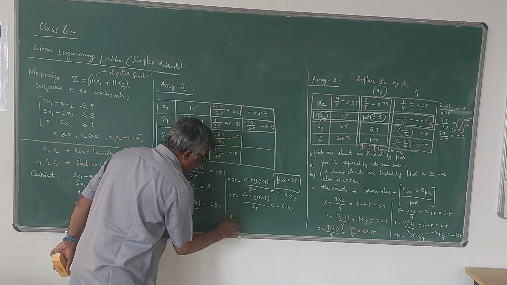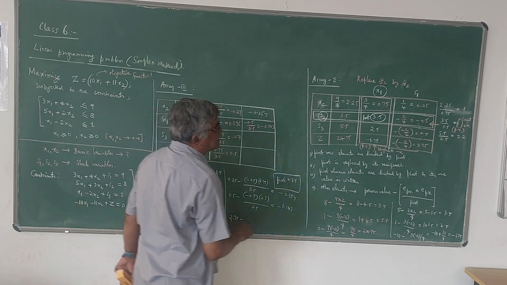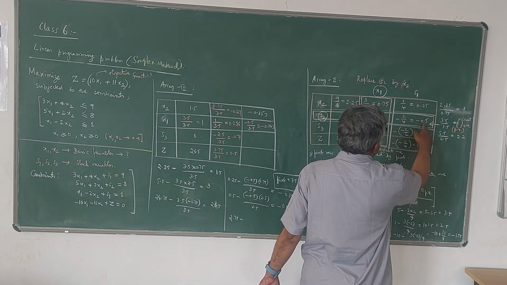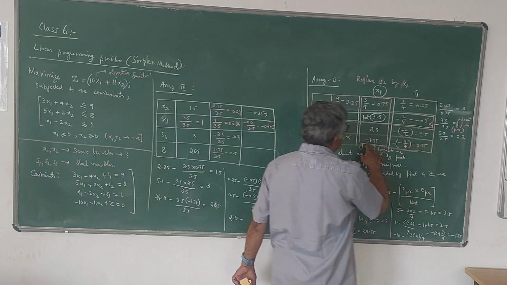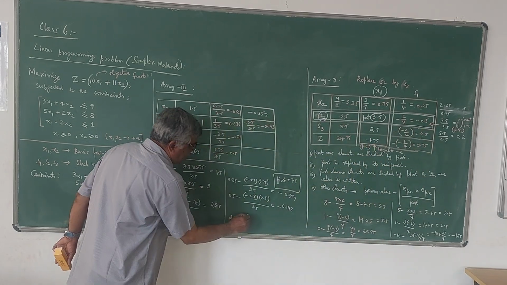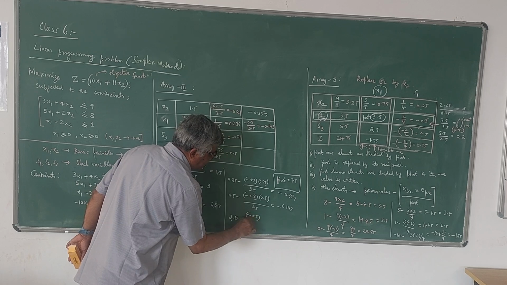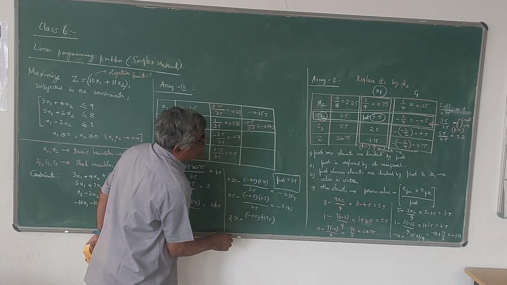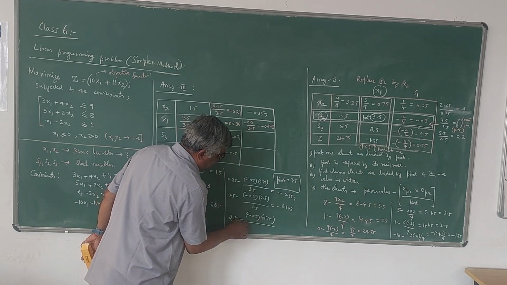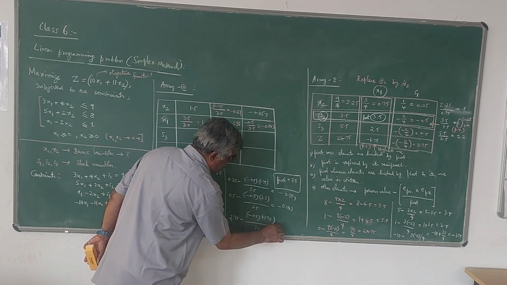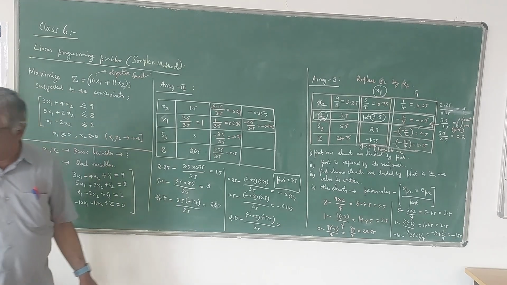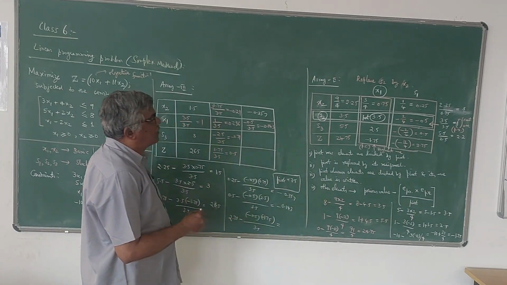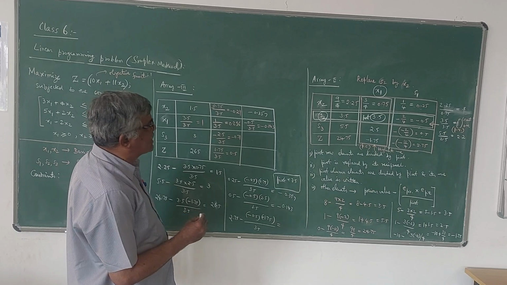For 2.75, it is 2.75 minus, once again, the corresponding row element, minus 0.5, and the column element, minus 1.75. So minus 0.5 into minus 1.75 divided by 3.5. The value is 2.5.